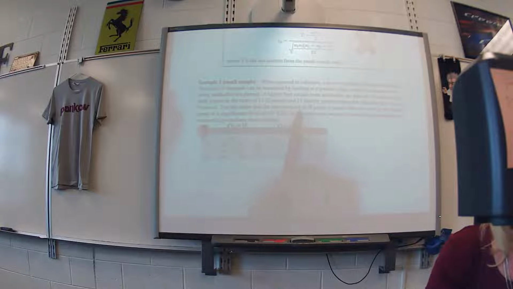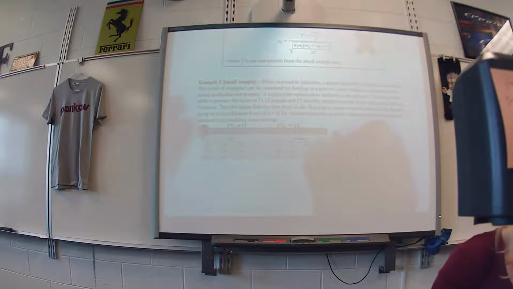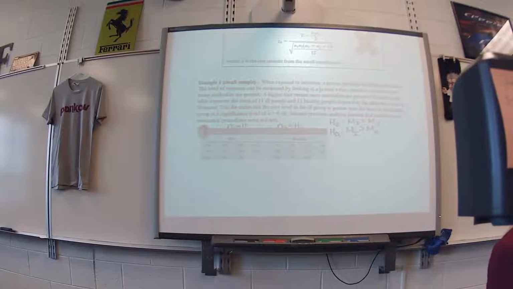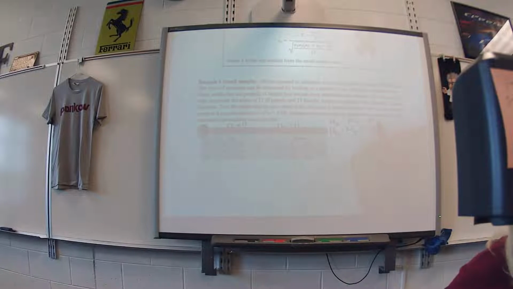Test the claim that the level in the ill group is greater than the level in the healthy group. Okay, so there's your hypotheses. The alternative hypothesis is that the median level of the ill group is greater than the median level of the healthy group. The null, of course, is always that things are equal. Again, that's how we write it mathematically, but what we're saying is if the medians are equal, there's no difference.